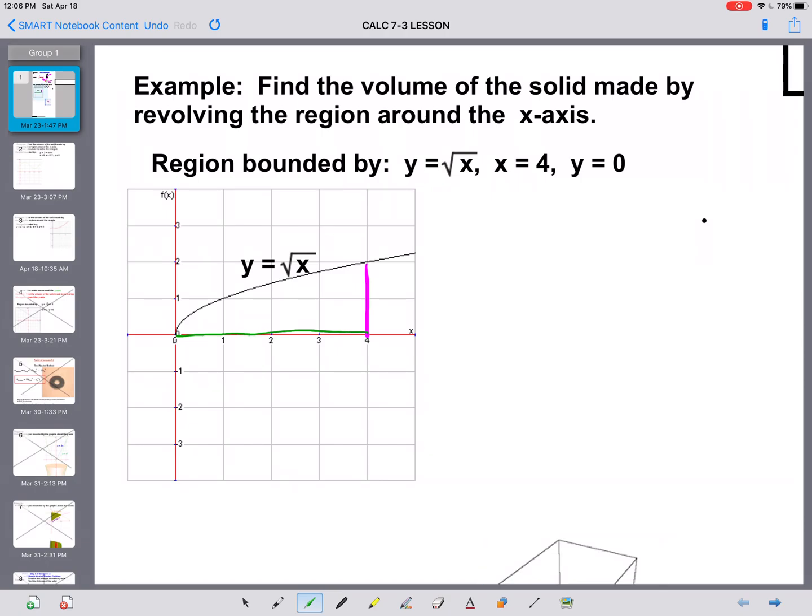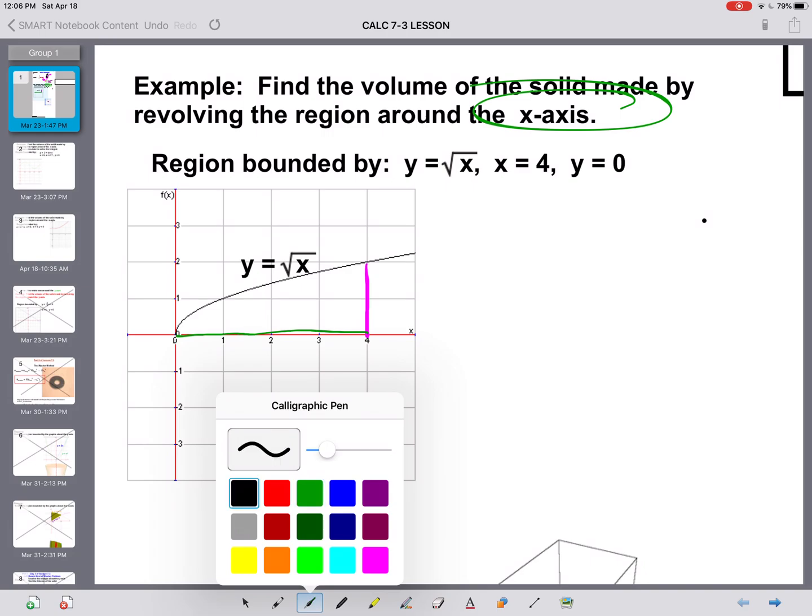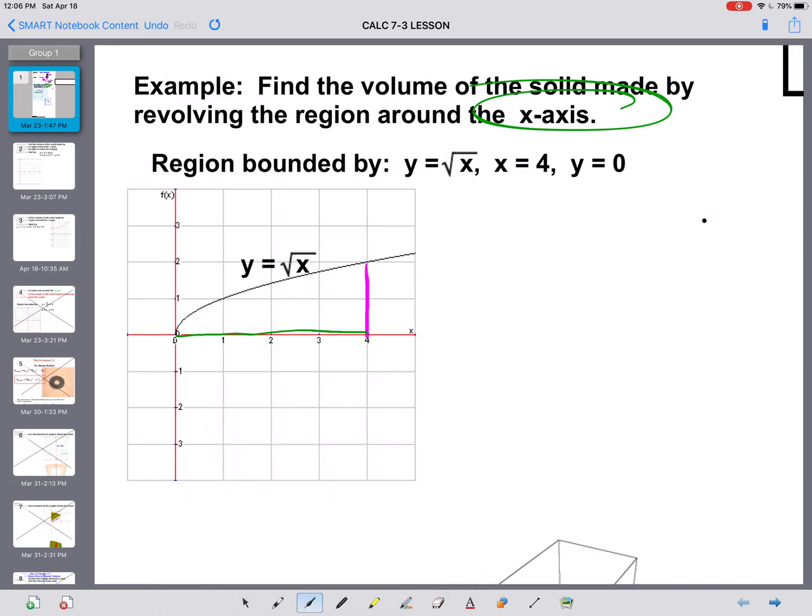Take a look at that area, and what we're going to do with that area is revolve it around the x-axis. We will always revolve around the x-axis. Now, I'm going to try and sketch it in for you. Here we go. It's going to go here, here, a little bit there.